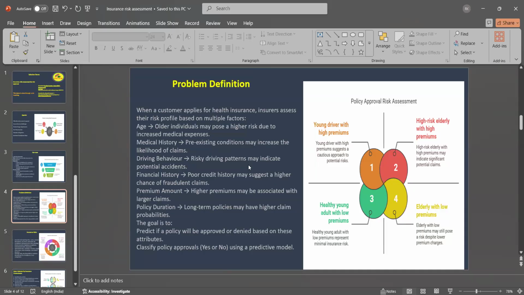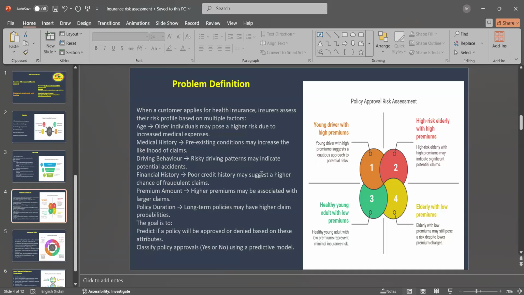Policy duration: long-term policies may have higher claim probabilities. We try to reduce the policy term, because if the term of the policy is long, the claim is likely to come in a higher amount.